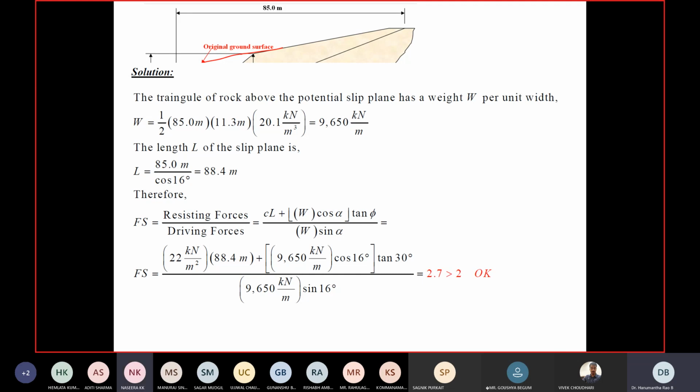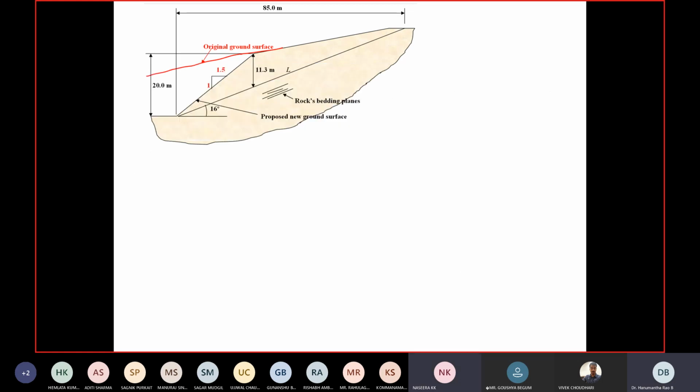Sir, for the calculation of weight, why didn't we use 88.4? This is the cohesion that is developing all along the length of the failure plane. See, for example, this is the failure plane L. Where cohesion is cohesion per unit length.